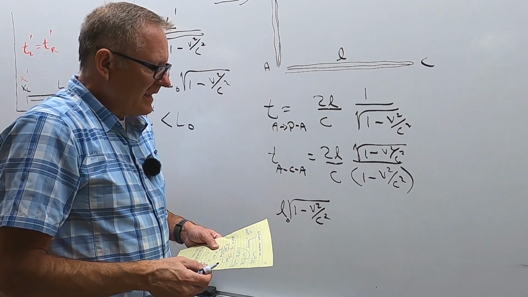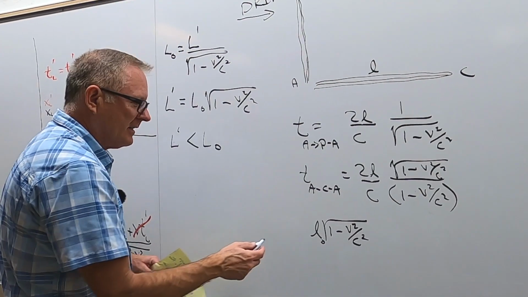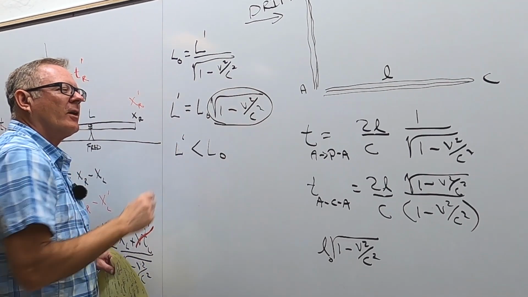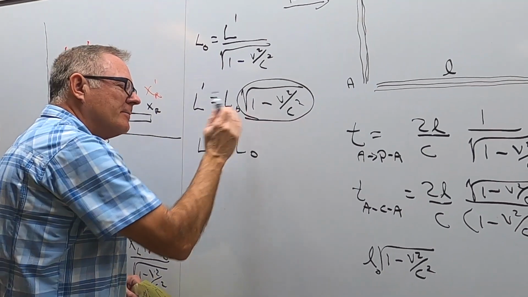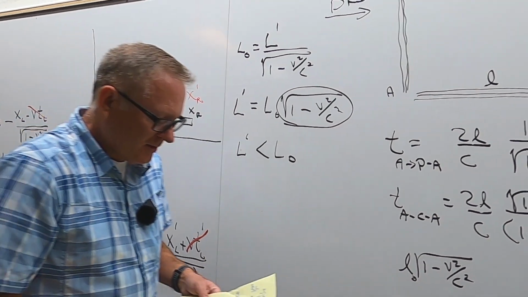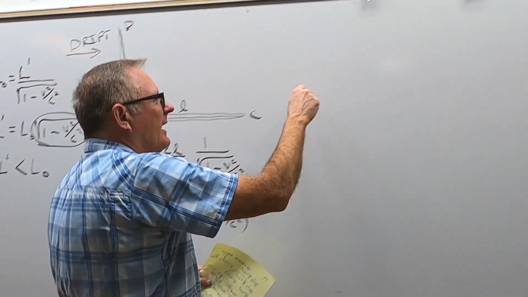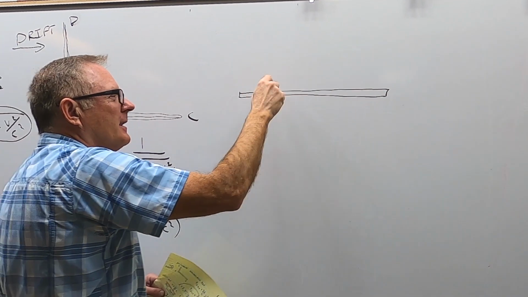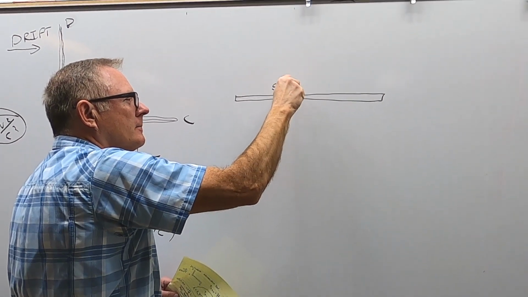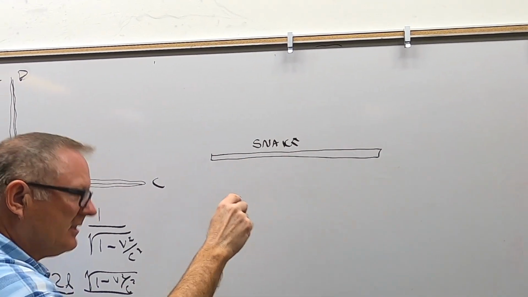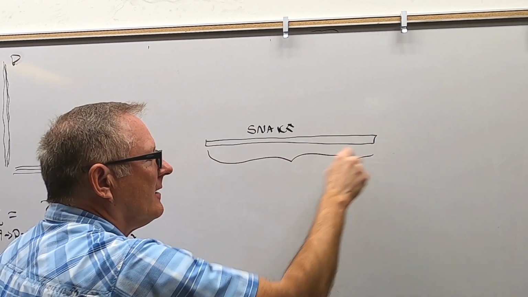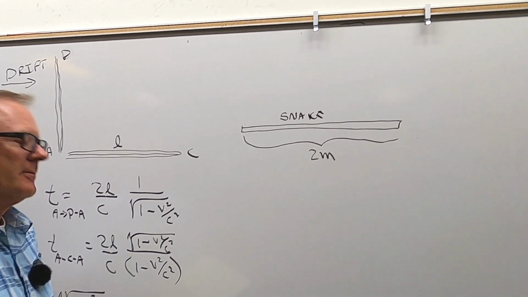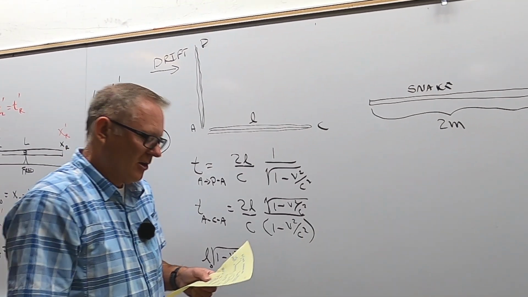Well, we already said that this gamma factor was this right here. If you go 86% the speed of light, this becomes a half. So let's say we look at something. Suppose we got a snake here. My snake's going to look like a stick, but it's a snake. And let's just say its length is 2 meters. That's how long he says he is right here. He says, I'm 2 meters long.